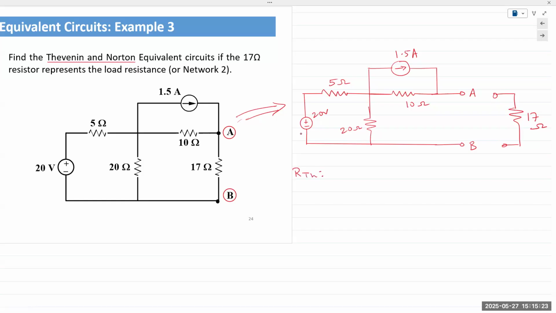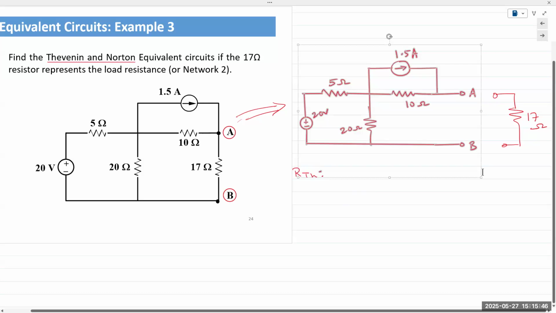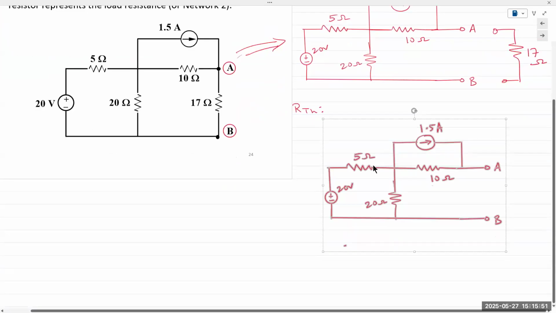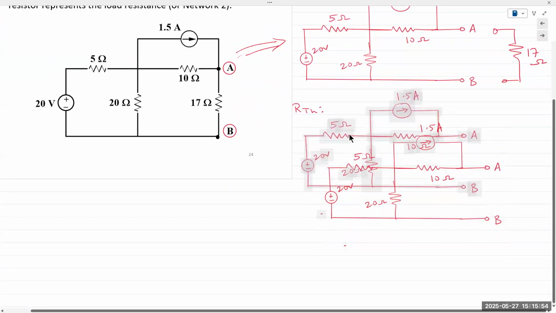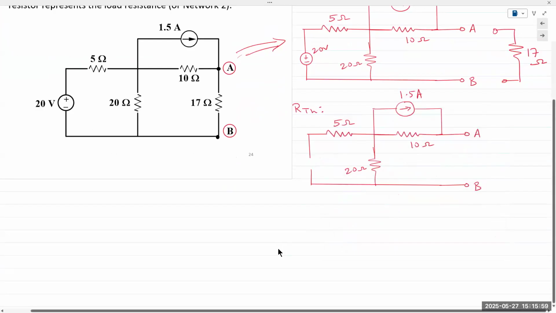For Thevenin resistance, we modify the original circuit. When we modify it, all I need to do is copy paste. Let's make this disappear.